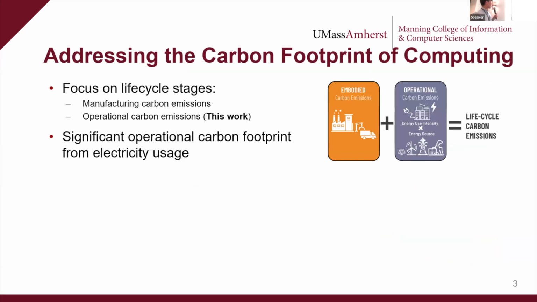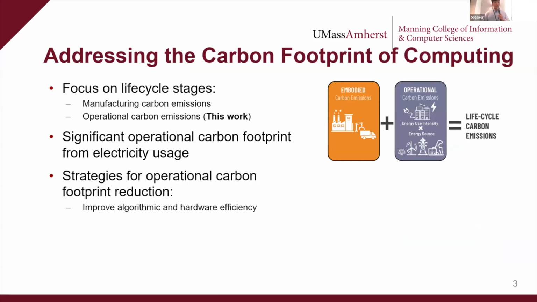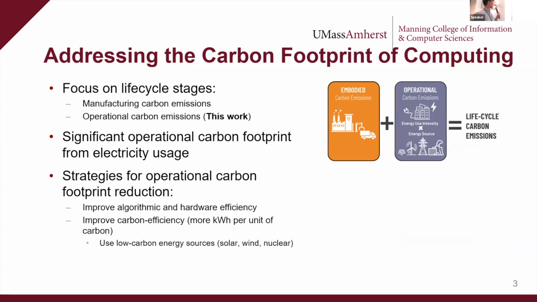A significant portion of this operational carbon footprint comes from electricity usage, and some different strategies for reducing this carbon footprint can be improving the algorithmic and hardware efficiency, as well as improving directly the carbon efficiency, that is, for each kilowatt hour of energy, how much carbon is emitted.